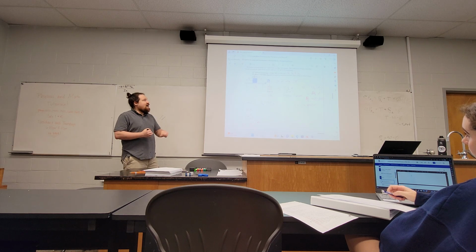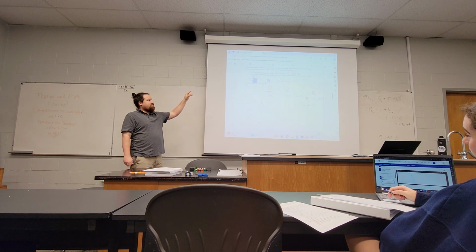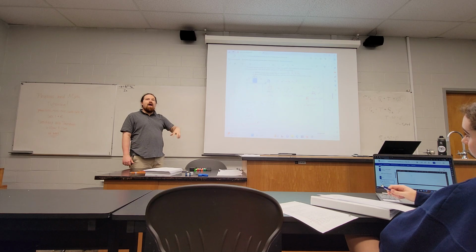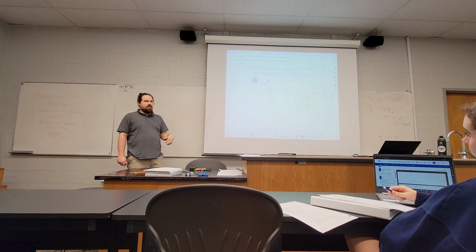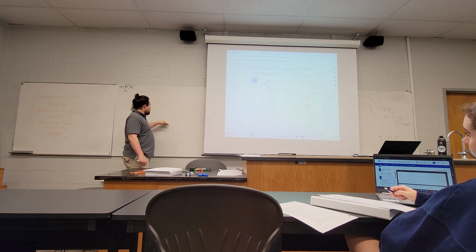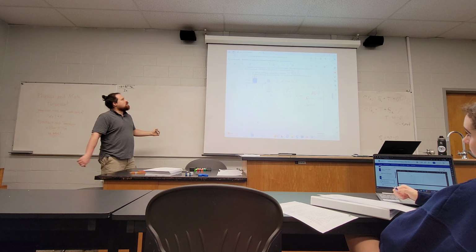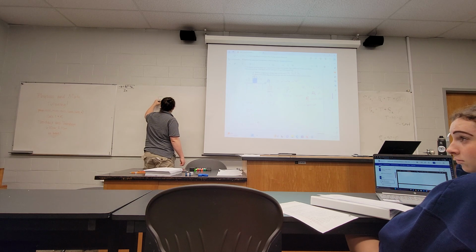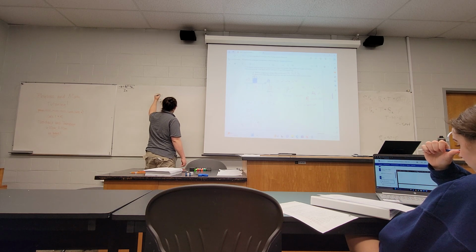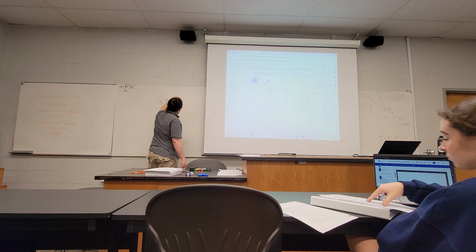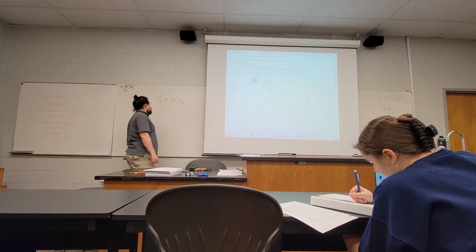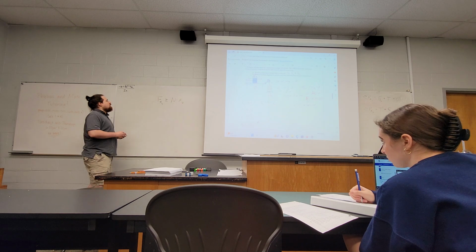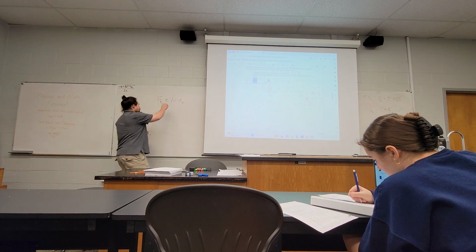So if we use that static mu, the 0.55, we can see what the maximum static friction in the system is able to be. So, force of static friction is greater than or equal to normal force times mu static from your formula sheet. Actually, no, it's less than or equal to, sorry.